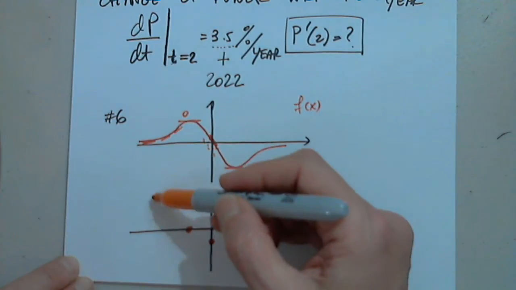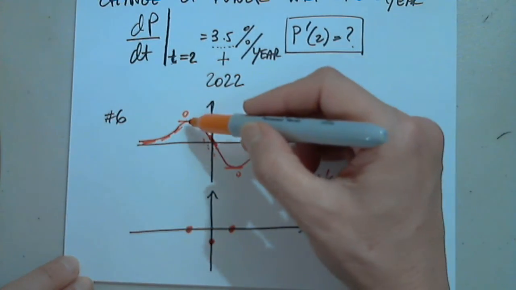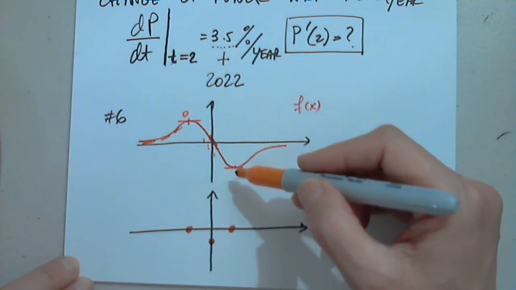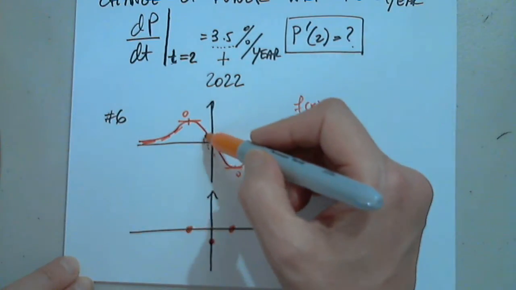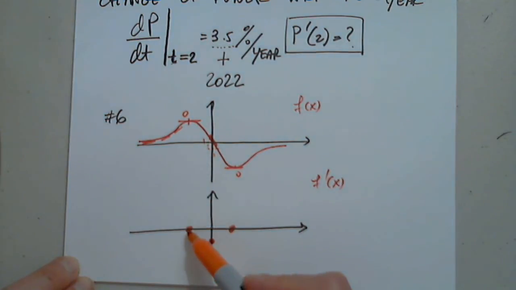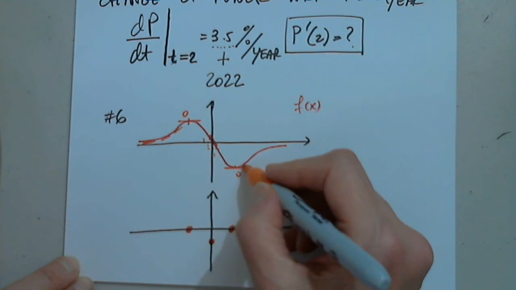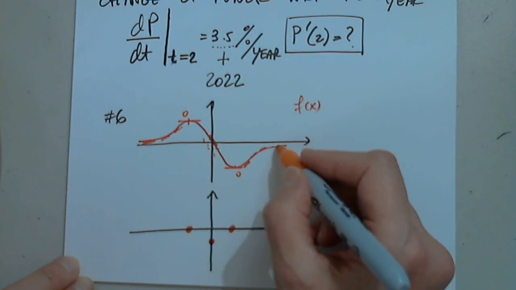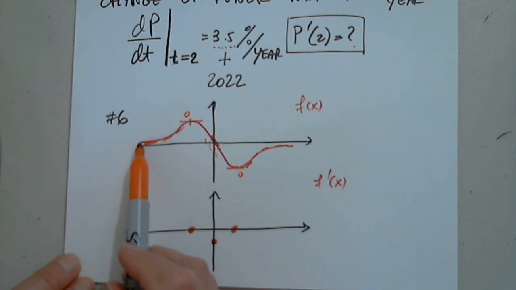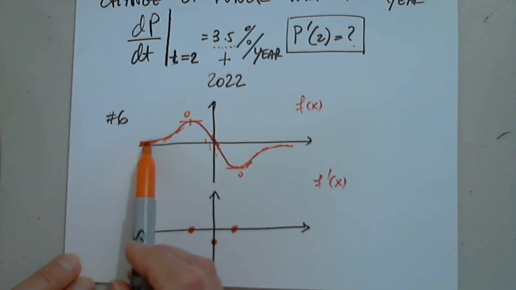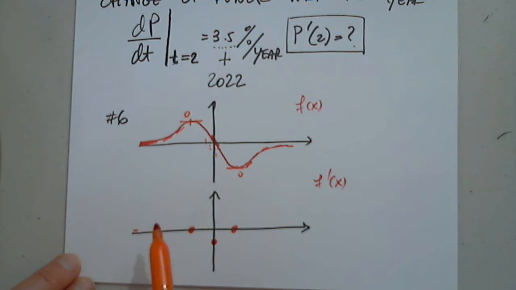Between these two points, the function is decreasing, which means the derivative has to be negative, under the x-axis. Now it's again positive. This is tiny positive, almost 0.